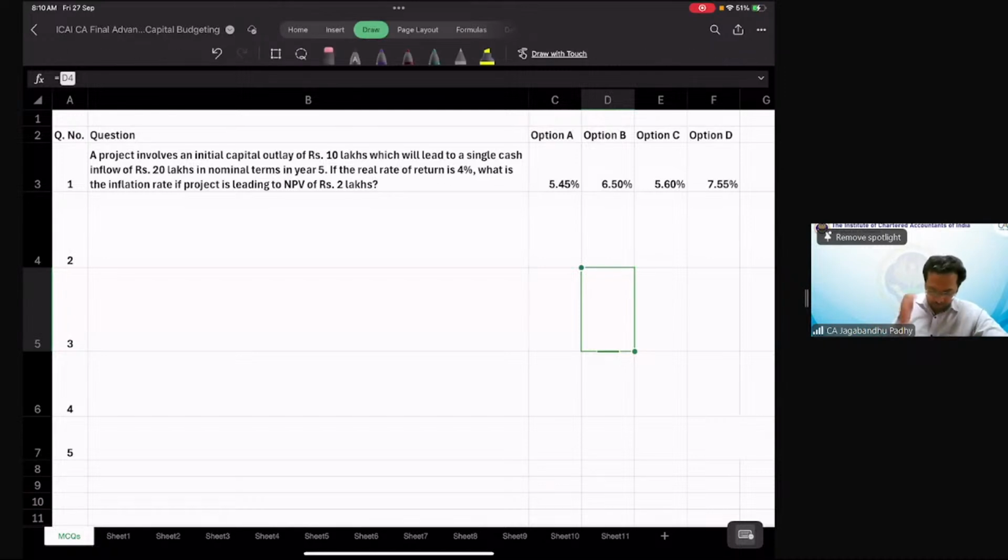that NPV is 2 lakhs, right? So we first need to get the rate of discounting. We know NPV is nothing but capital outlay of 10 lakh plus present value of 20 lakh. So 20 divided by (1 plus R) raised to 5 should be equal to 2 lakhs, right?